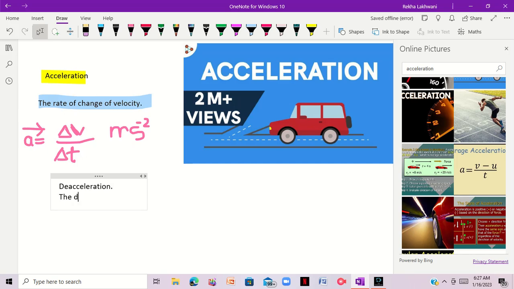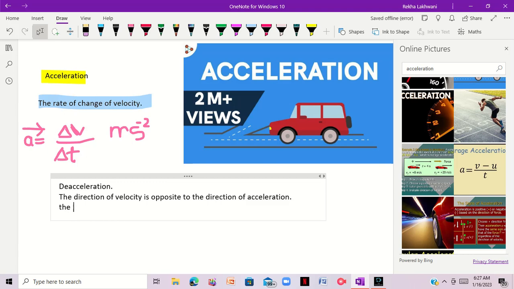When the direction of velocity is opposite to the direction of acceleration, then the body is said to be in deceleration, or you can say the velocity is decreasing. That is termed as deceleration, right?